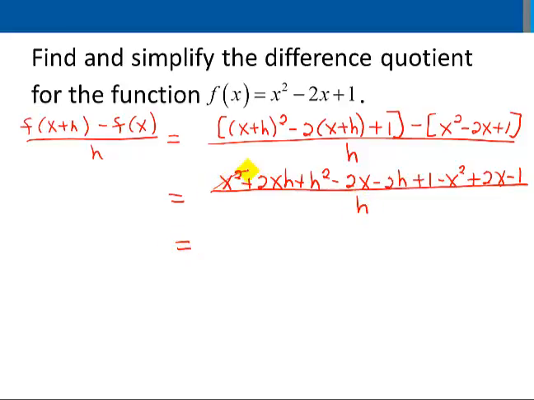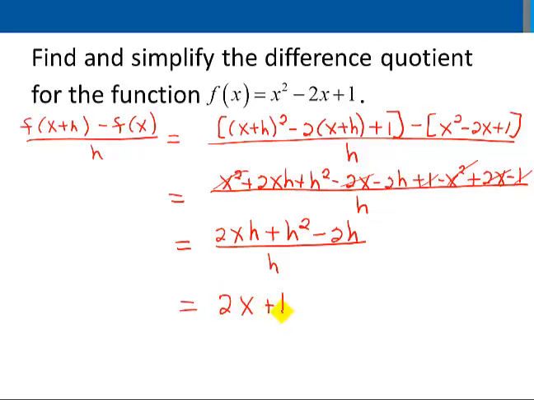Well, we can get rid of the x squared, the 2x, and the 1. That leaves me with 2xh plus h squared minus 2h all over h. And finally, we have a difference quotient of 2x plus h minus 2.